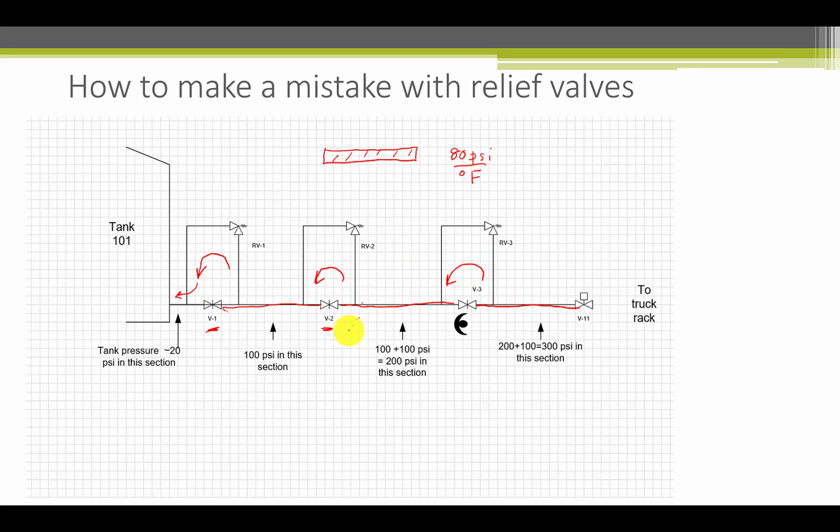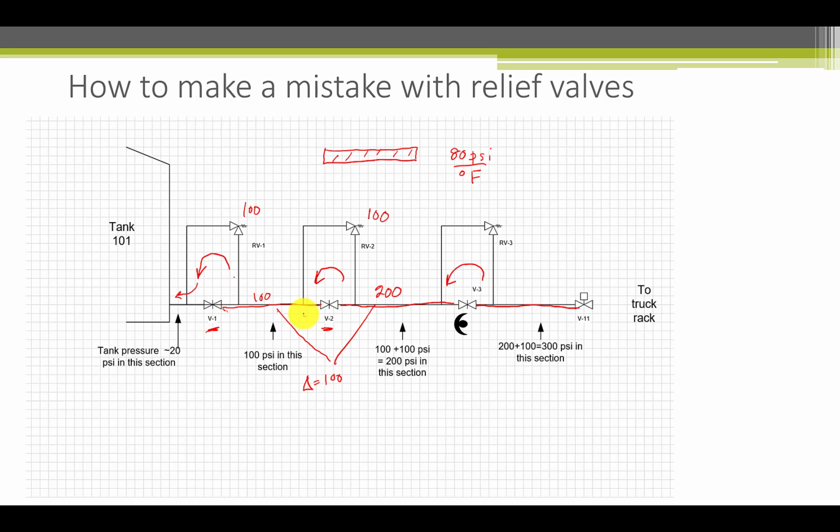So you can see here what the mistake is. If I set this one at 100 psi, this one will work fine. Every time this section gets above 100, it's going to dump the excess pressure. But here's where we run into problems. I'm setting this one at 100 psi, but unfortunately, it will only open when the line pressure here is 200 psi because the delta in pressure is how the device works, not absolute pressure.